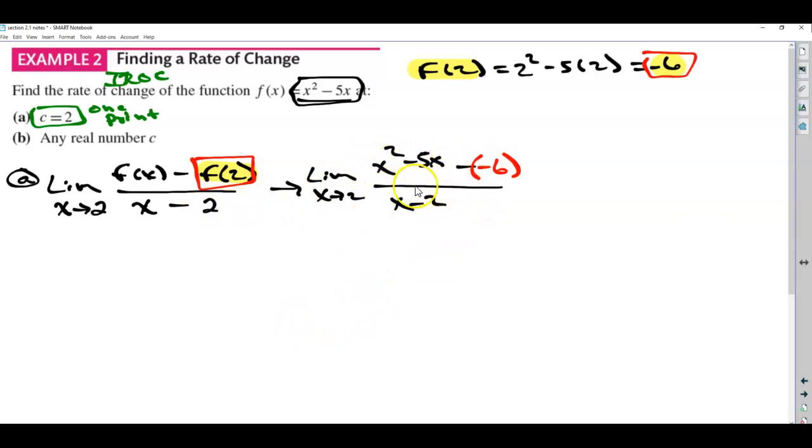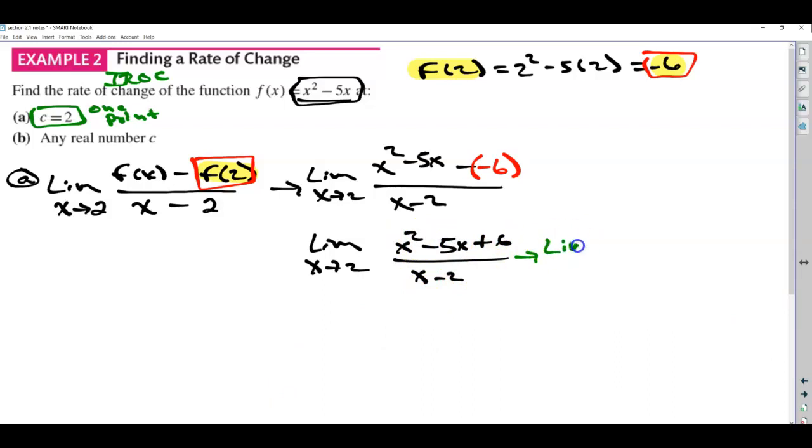So now we're just looking at evaluating the limit. Well, we've got some hopefully familiar pieces going on. I'm going to do a little bit of algebra. Oops, let me do correct algebra. I have a trinomial up top, and that trinomial can actually factor.